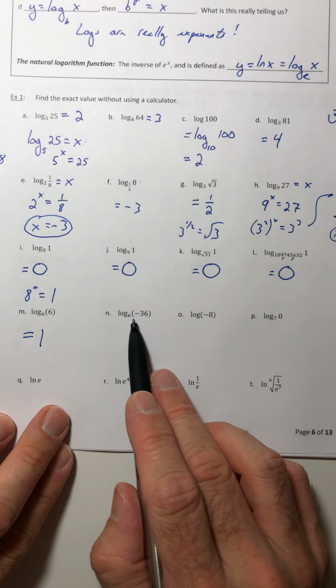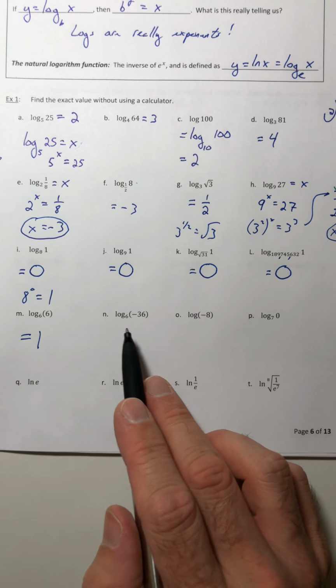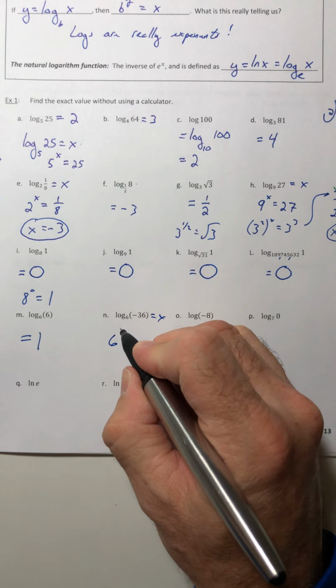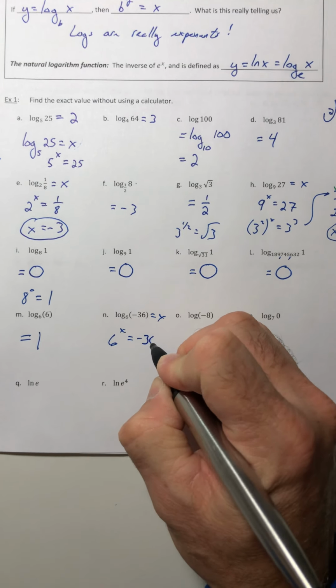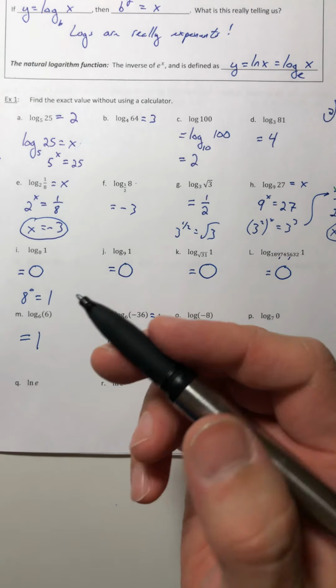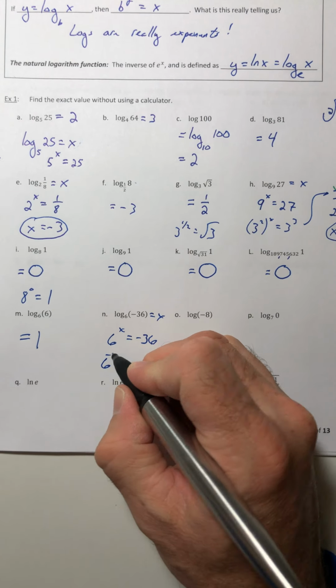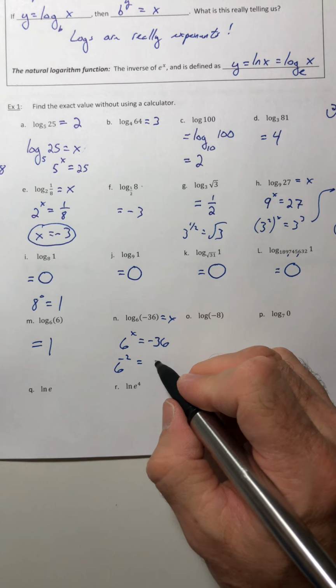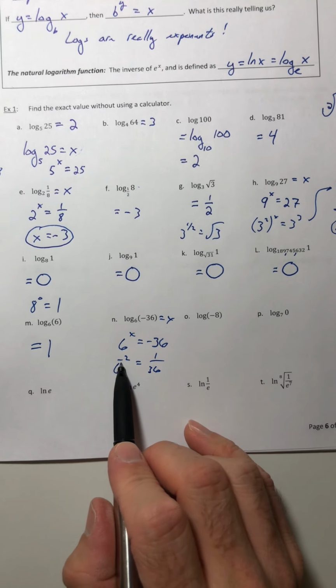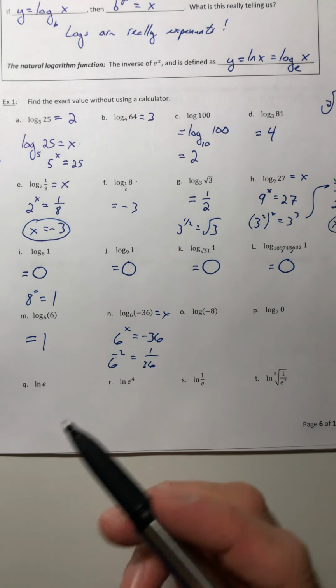Okay, log base 6 of negative 36. What exponent, let's think about that. What exponent does the 6 need to give you a negative 36? And I have a lot of people go, negative 2. Well, 6 to the negative 2, that's 1 over 36. So having a negative exponent doesn't make the number negative, it just takes the reciprocal.